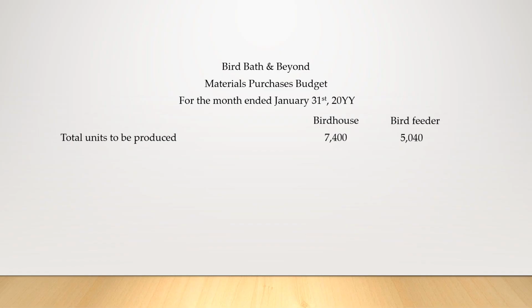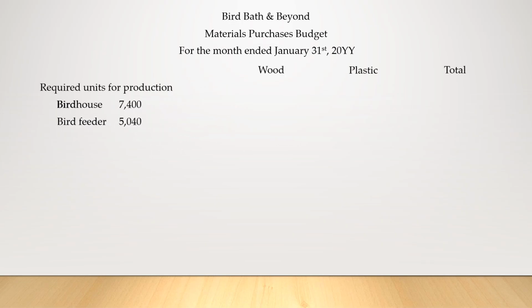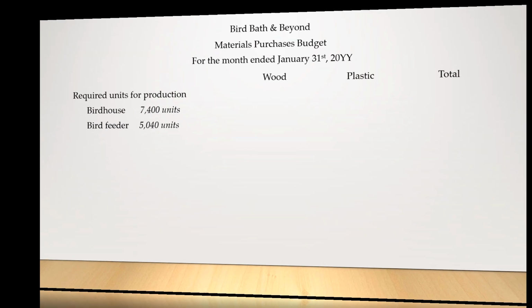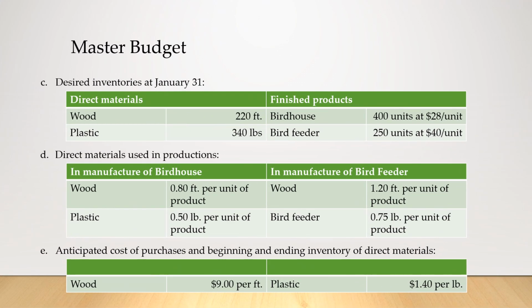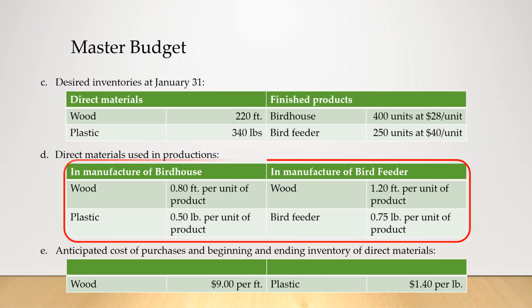You'll find a space to build the materials purchases budget at the bottom of page 6. For this budget, we'll need materials used to make each product along with the cost per unit.